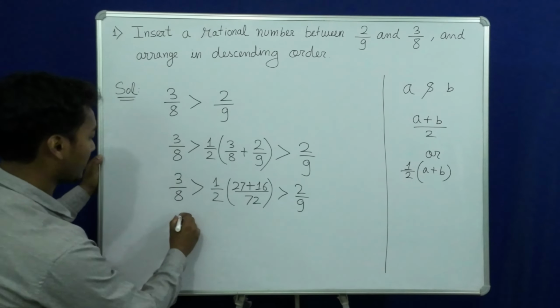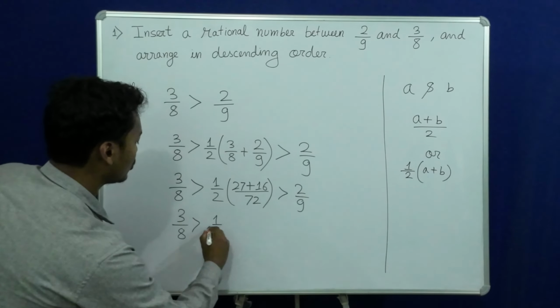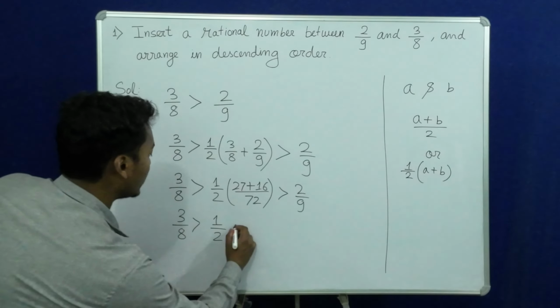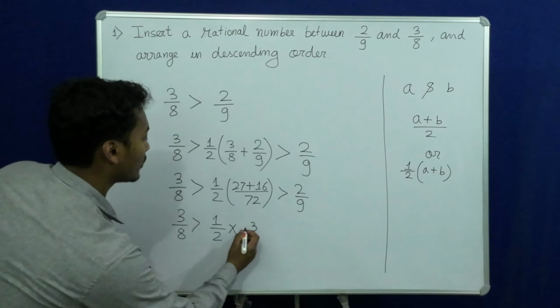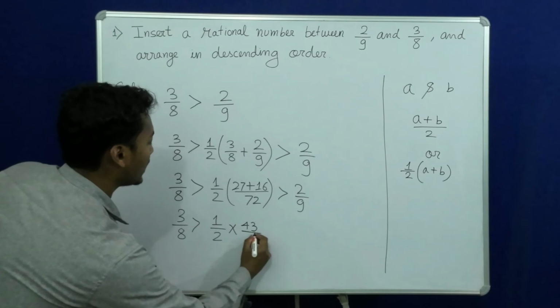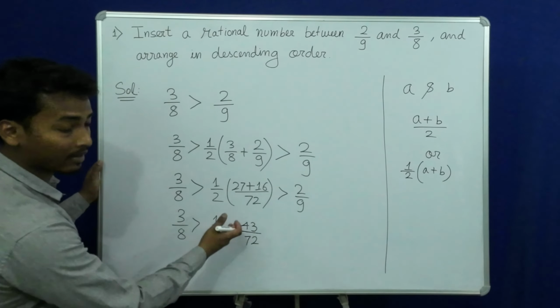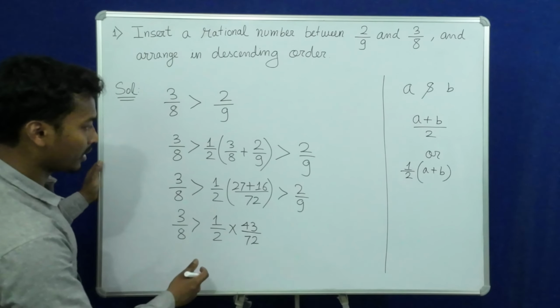Let's solve this further. 27 plus 16 will give you 43, so that is equal to 43 by 72. Now we see we cannot cancel out anything. There is no common factor between the numerators and the denominators.